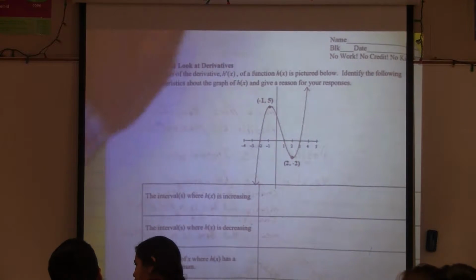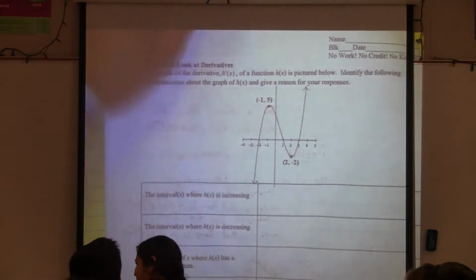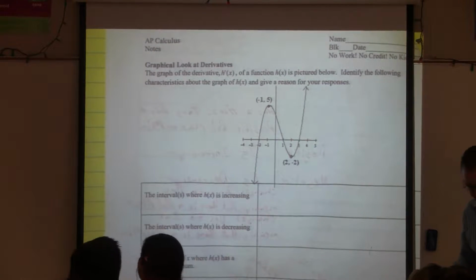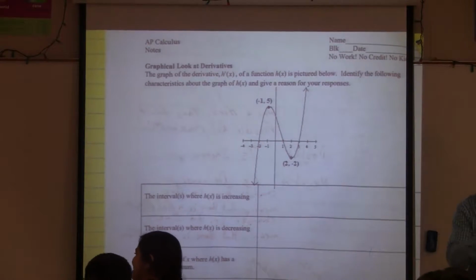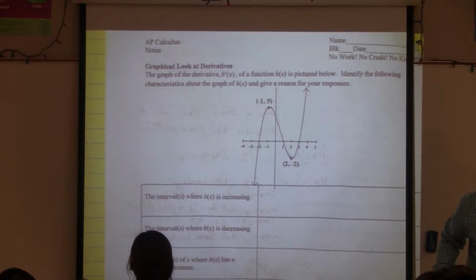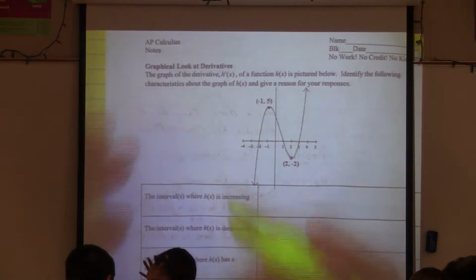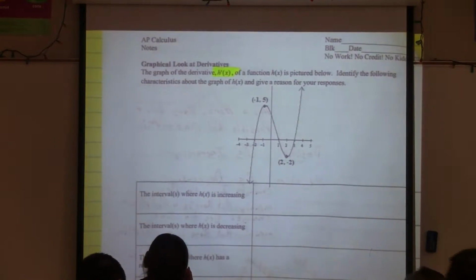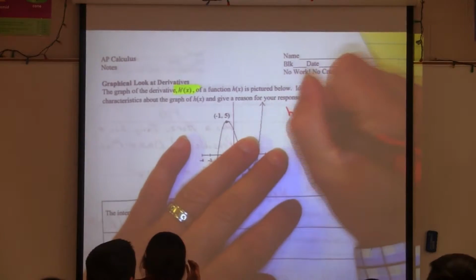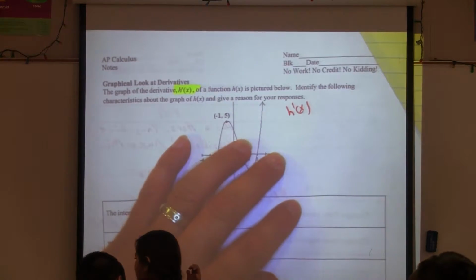Alright, so if we look here, what is it that they're giving us in this particular example? They're giving us the derivative. So this is not the graph of the original function. This is the graph of h prime of x, right?